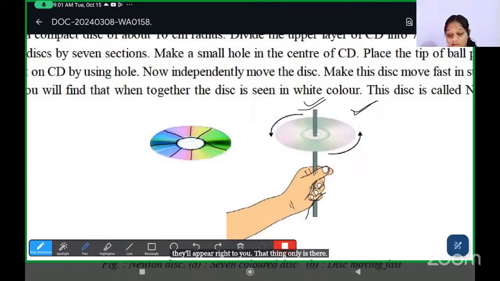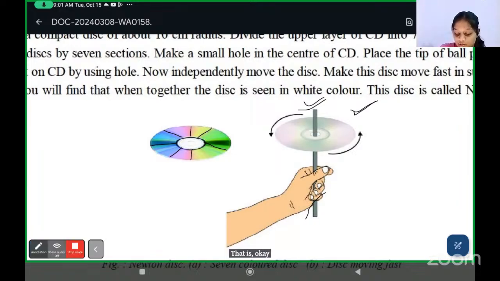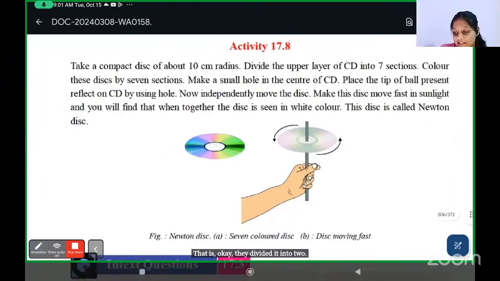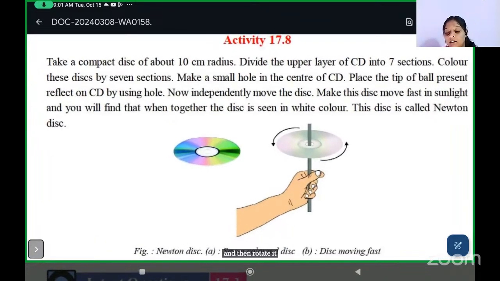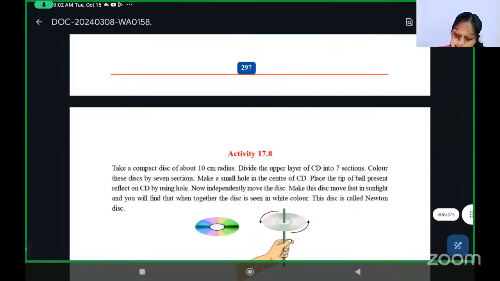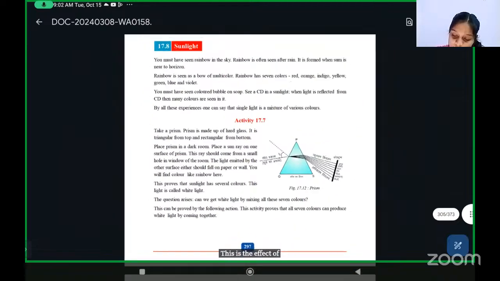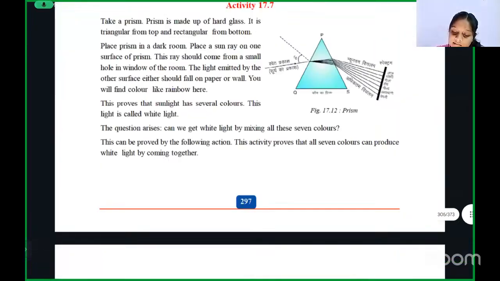The disc was divided into 7 parts, colored in 7 colors, and then rotated, so it appears white to us. This means white light comprises all 7 colors. If we combine the 7 colors again, we get white light. This is the effect of sunlight.